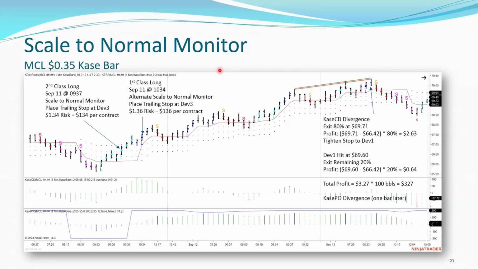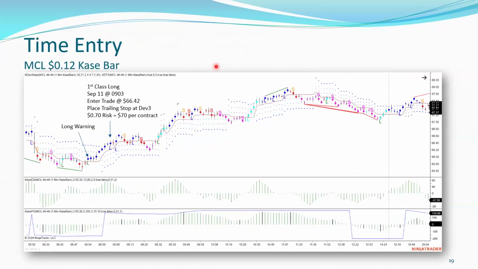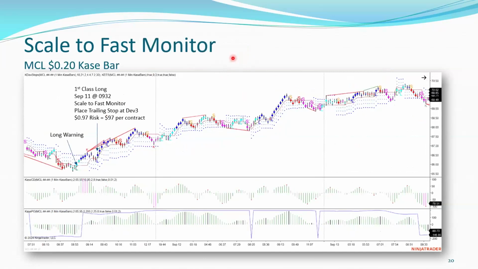Okay, so it's a pretty straightforward idea of starting our trade off on the timing chart. We enter our trade, and we monitor the timing chart for exits or stop hits. If we don't have any, and we actually get a confirming signal on our fast monitor, we then scale our trade up to the fast monitor.